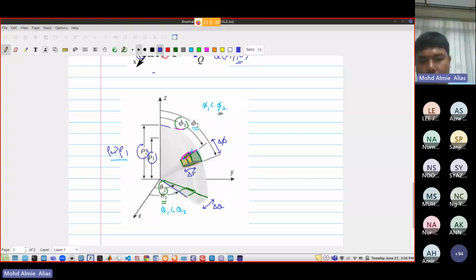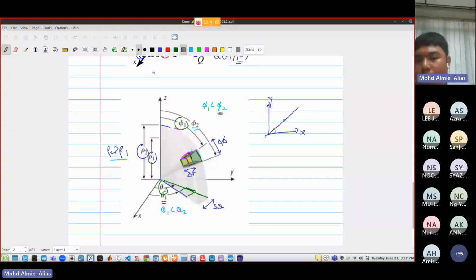For any value of r, delta theta is always constant in this case. Let's say this is your x and this is your y, and your point is here, and the angle is theta.